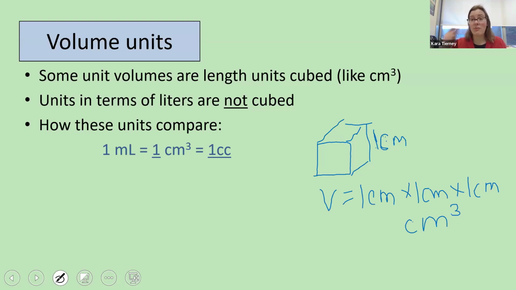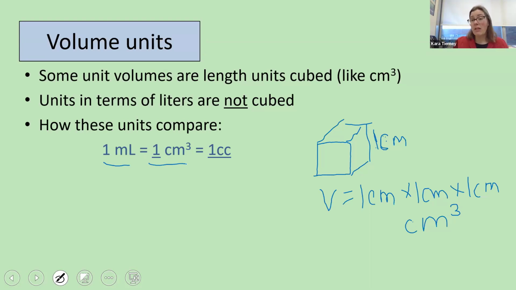The relationship to relate the liter-based units and the cubic volume units is actually really nice. 1 milliliter is exactly the same in volume as a cubic centimeter. And cubic centimeter is abbreviated in the healthcare industry as cc.